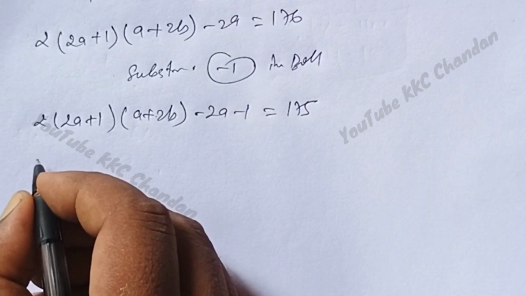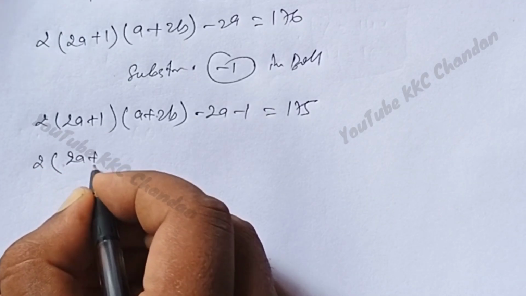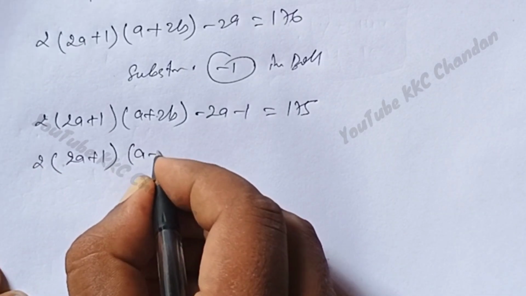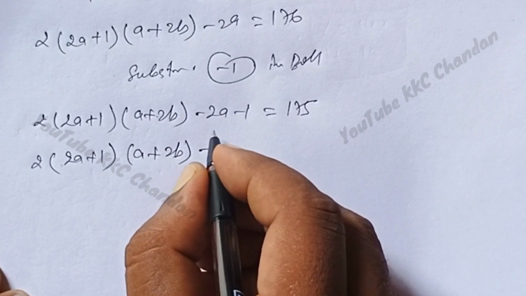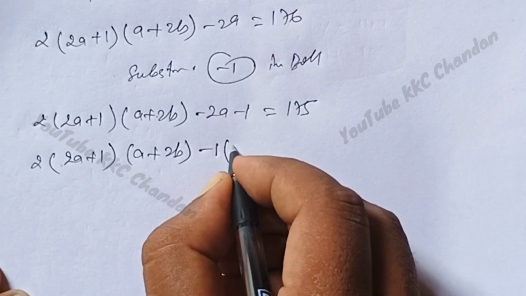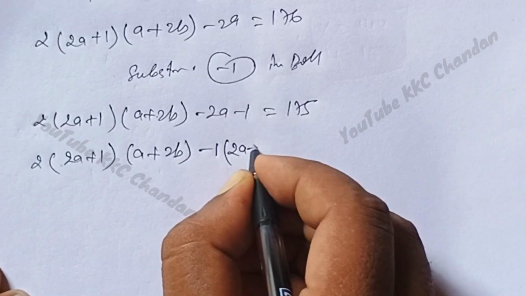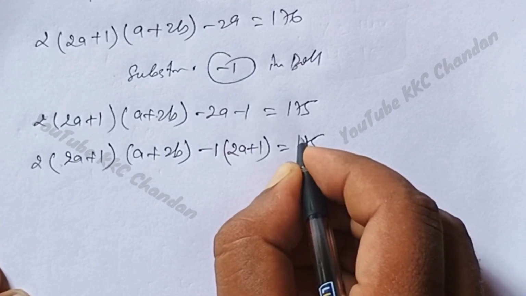In the next step, minus 1 multiplied with this will be minus 2a plus 1, is equal to 175.